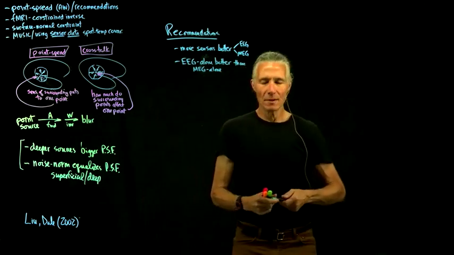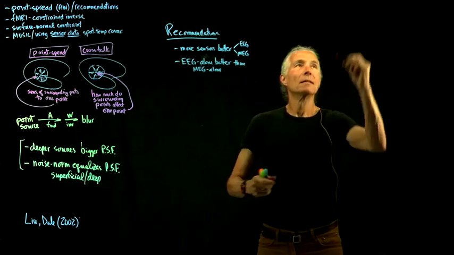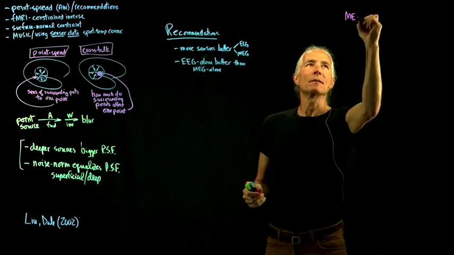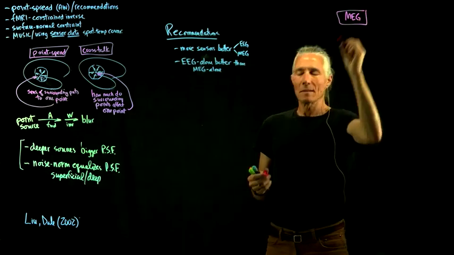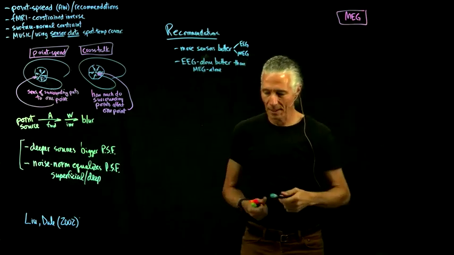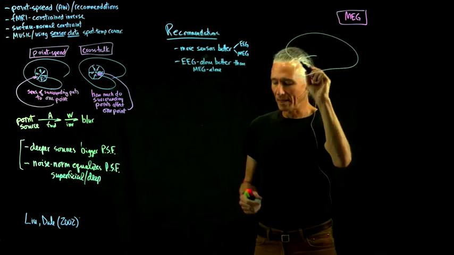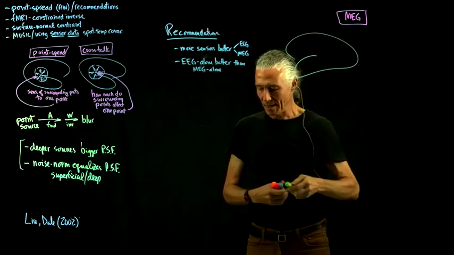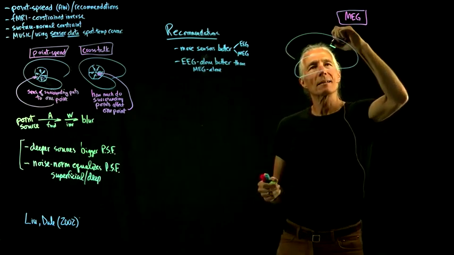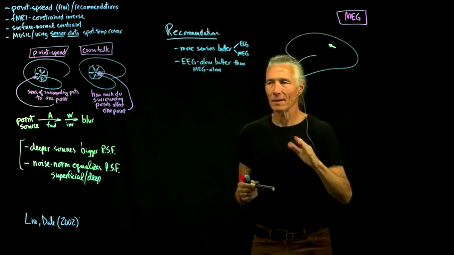So if we have MEG, let's put MEG up here. If we have a tangential source in MEG, so here's a brain, and say we've got a tangential source like that. For instance, something in the central sulcus, like the hand area.